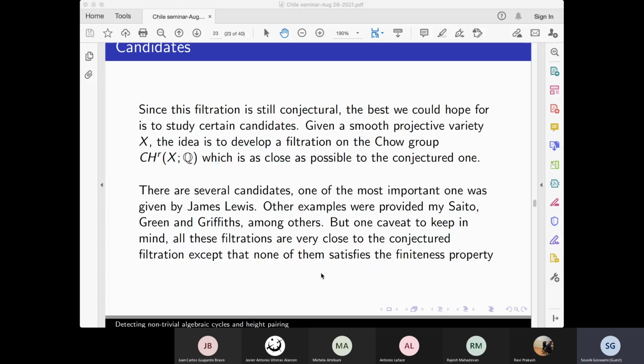That doesn't mean these filtrations are not important, but keep in mind that they fail in this vital property, though they have their own merits. Using these filtrations, we can study the Chow groups up to a point.